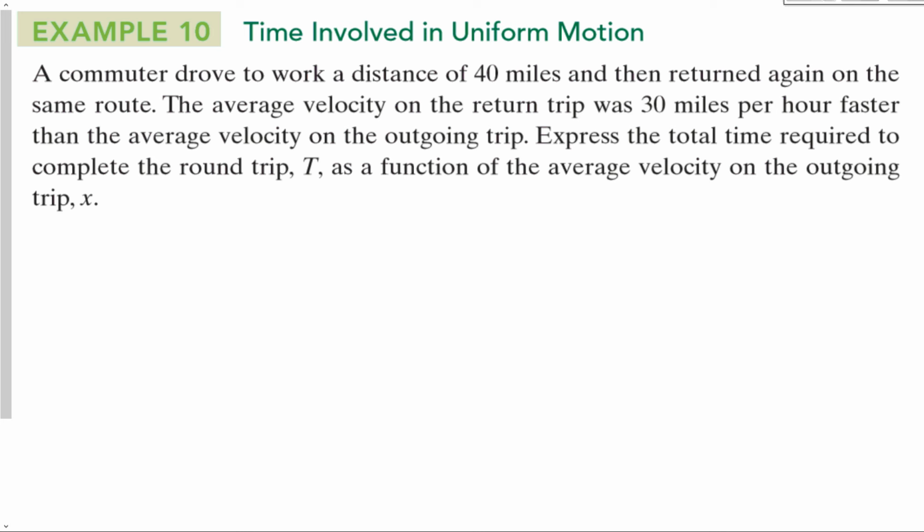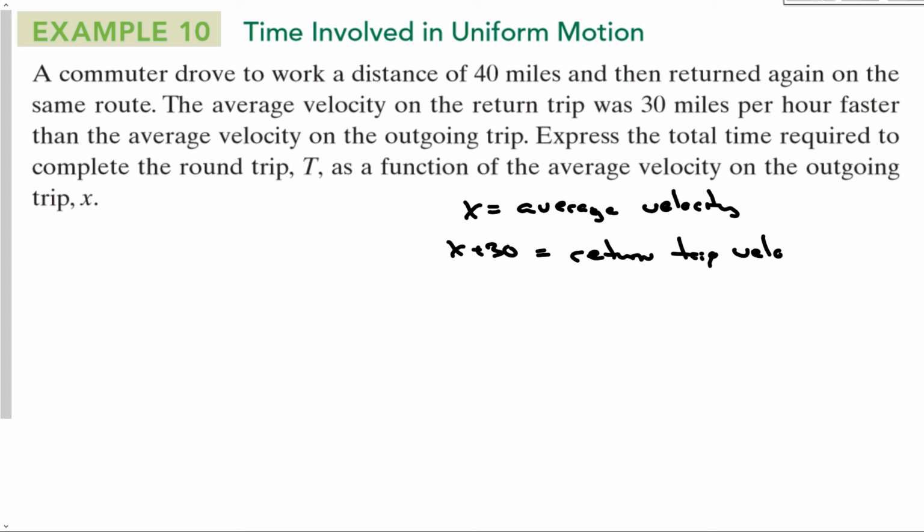So my variable is going to be x is average velocity. Okay, so x plus 30 would be the return trip velocity, because we're going 30 miles per hour faster.